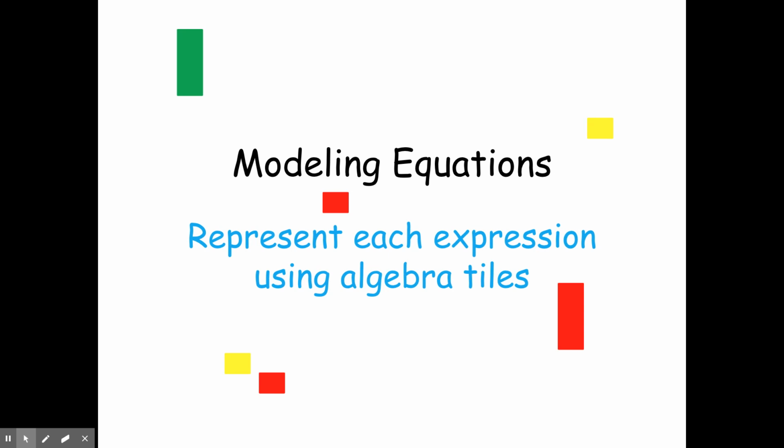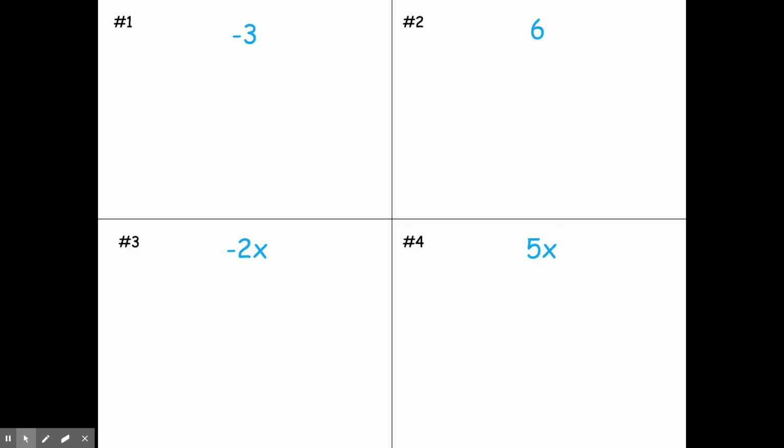Okay, so before we go on to the equations, let's do just a quick review of our algebra tiles. So when we're talking about algebra tiles, we have different tiles we can use. We can use tiles to represent positive and negative numbers like you see in boxes 1 and 2. So in box 1, I have a -3. In box 2, I have a +6. So we can use different tiles to represent our positive and negative numbers.